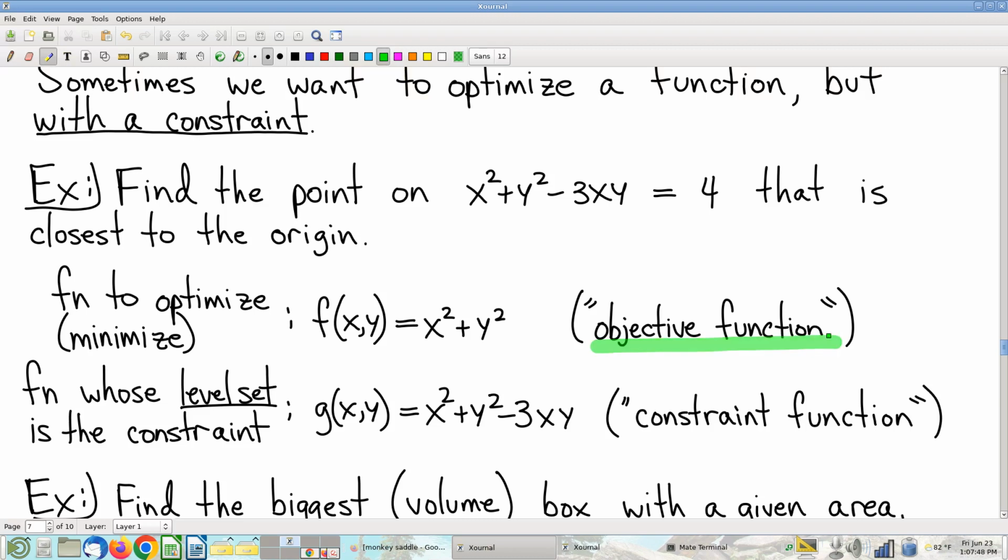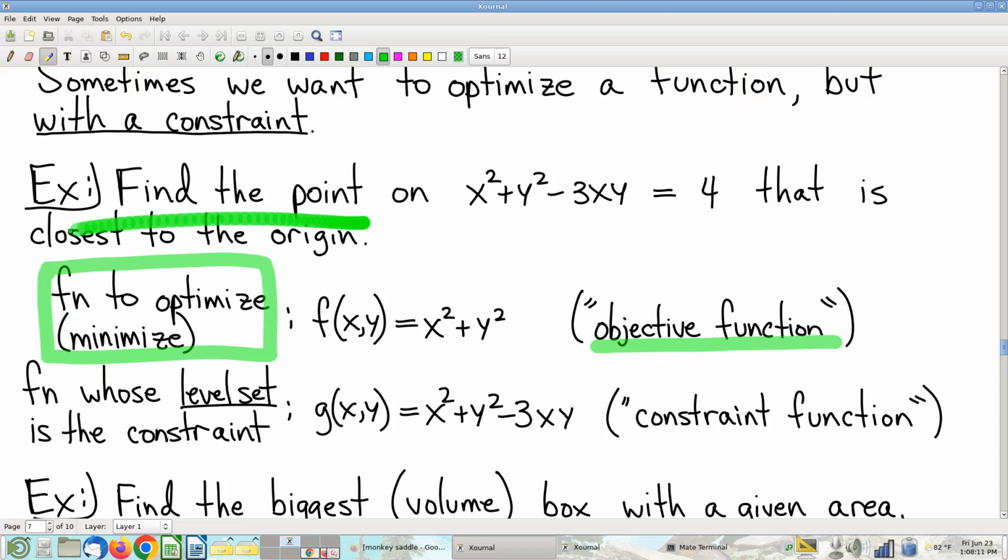What we mean by the objective function, it's the function that you want to optimize. In this case, we want to minimize a certain function. Sometimes you want to maximize a function, whatever. Whether you're minimizing or maximizing, the function that you want to make as big or as small as possible is called the objective function.